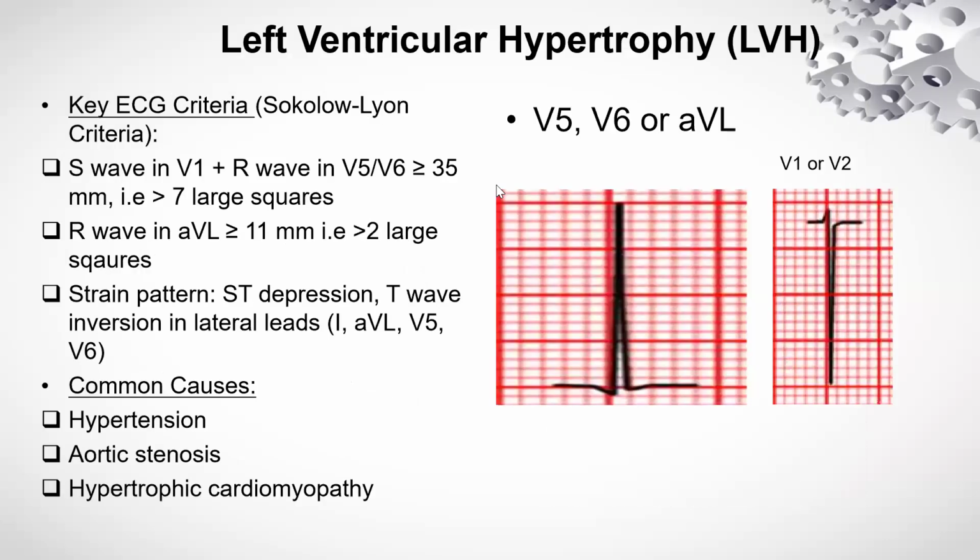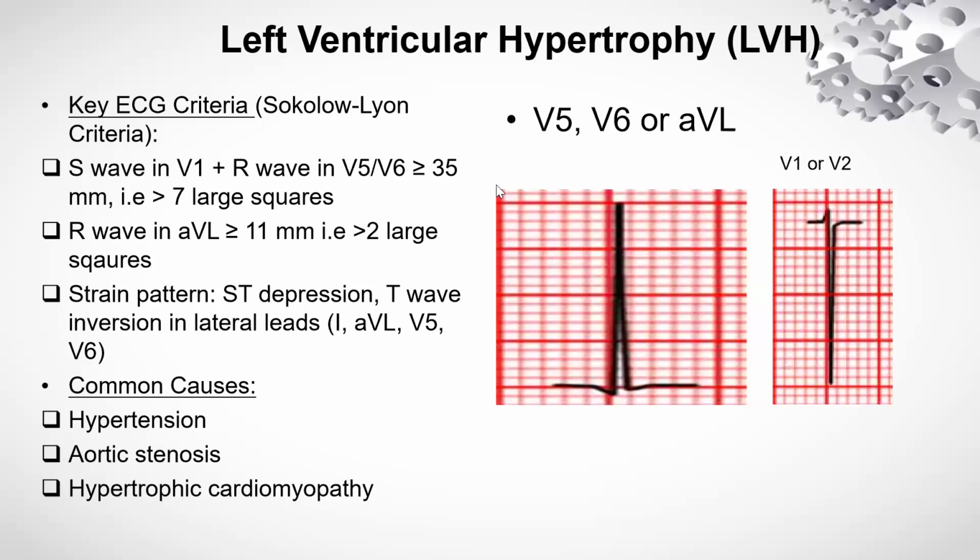All right, so left ventricular hypertrophy: you're looking at enlargement of the chambers now. Like I mentioned before, you can use the Sokolow criteria. This is important, but you're going to look at the ECG tracing from V5, V6, or the augmented limb lead. So look at the S wave.